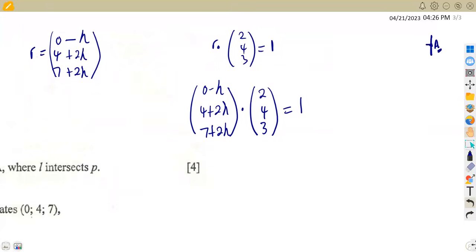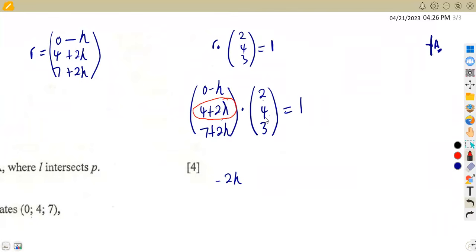All right, so let's multiply. For the dot product, we multiply corresponding terms and add. So that's 2 times 0, which is 0, 2 times minus lambda, which is minus 2 lambda in this case. Then 4 is going to multiply this whole part, 4 plus 2 lambda.